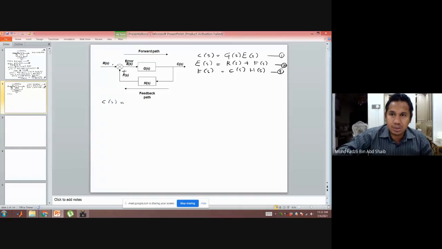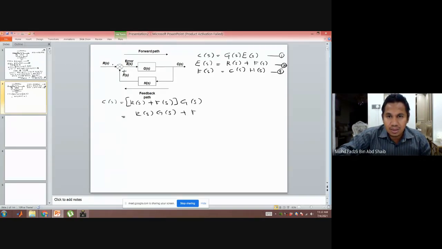So CS equals RS plus FS, times GS, which gives RS GS plus FS GS.